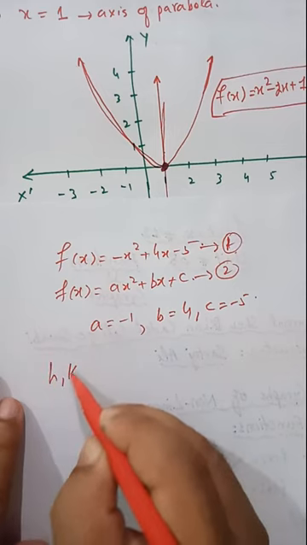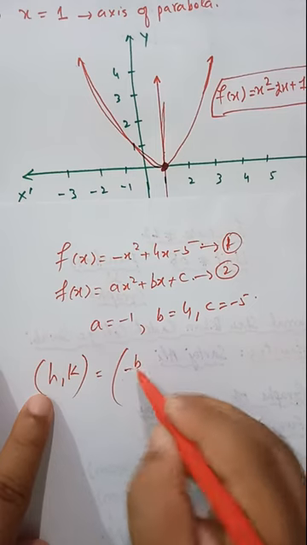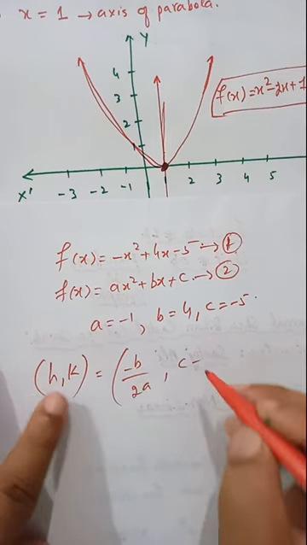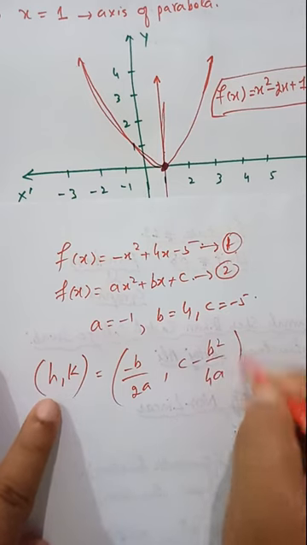So h, k is my vertex, but the value of h is equal to minus b divided by 2a, and the value of k is c minus b square divided by 4a.